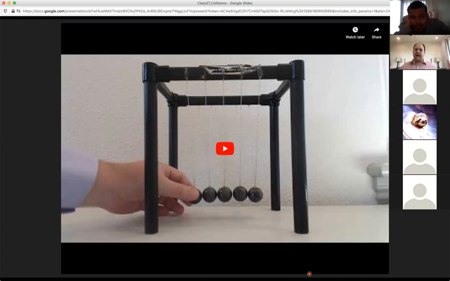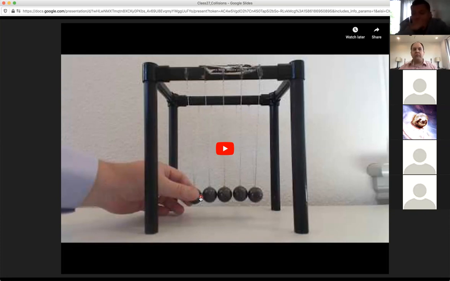Now, here's the really nice thing. It turns out that the reason you make a Newton's cradle out of steel balls is because you want those interactions, those forces, to occur on really short time scales. And if you remember, we talked about last time, when collisions are short, that makes the forces really big.